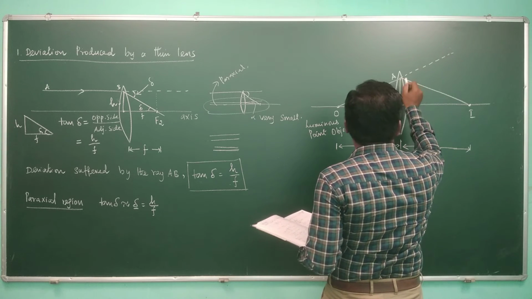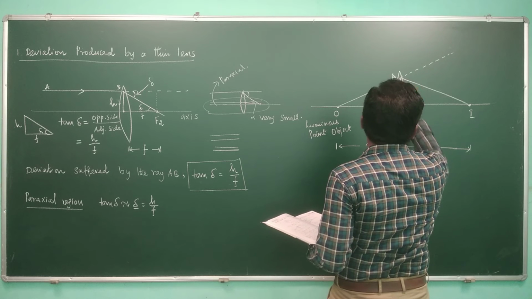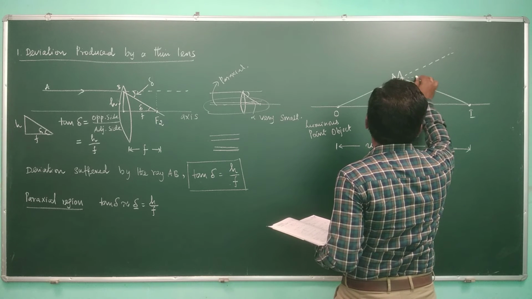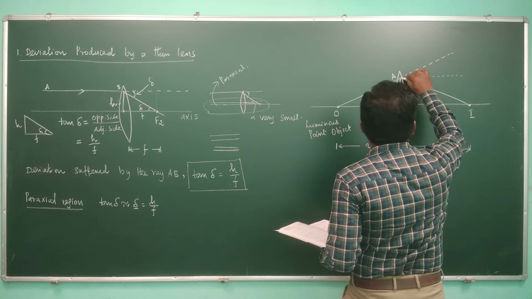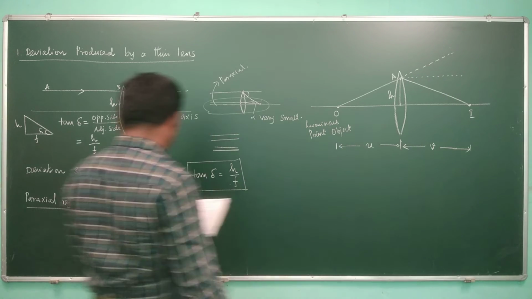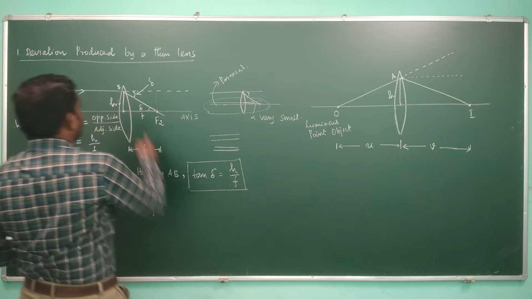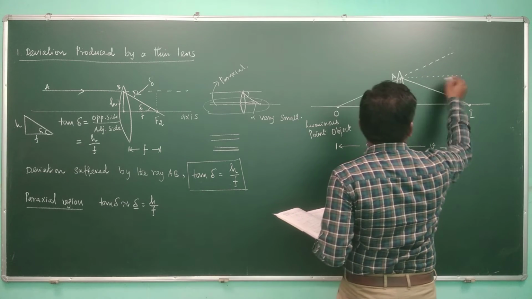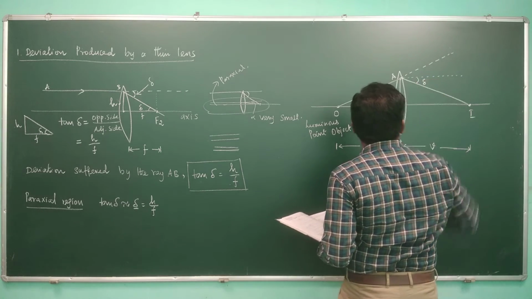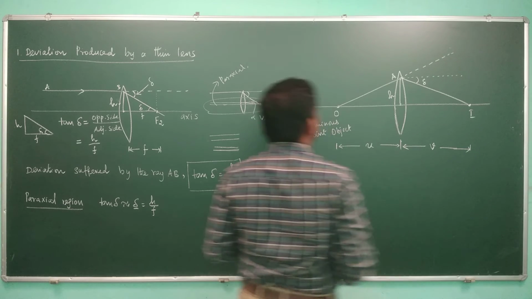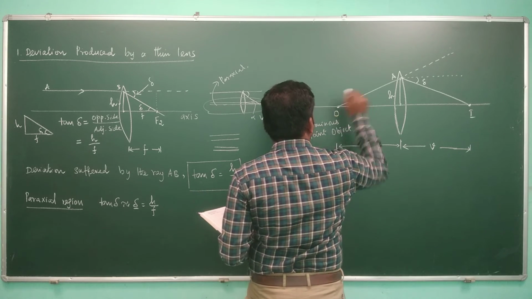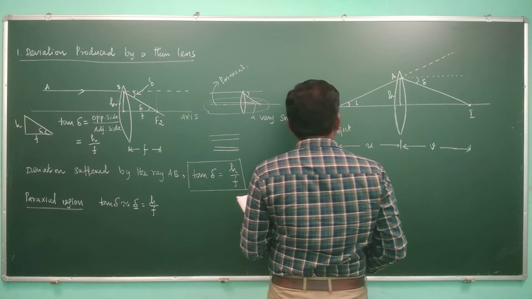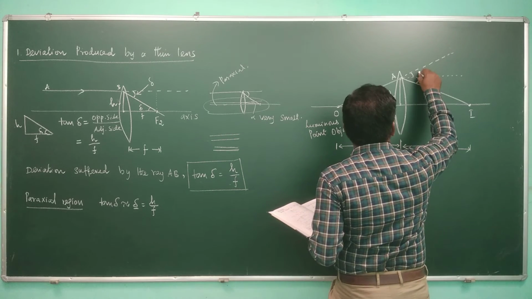And if this is parallel to the optical axis, and it should be, the parallel angle is this. And earlier we had defined the angle between the refracted ray and the parallel ray as delta.